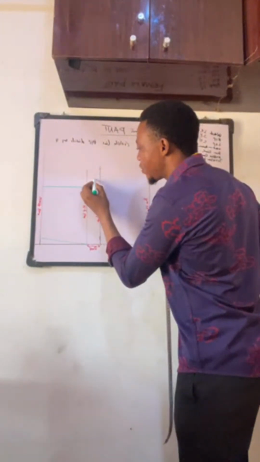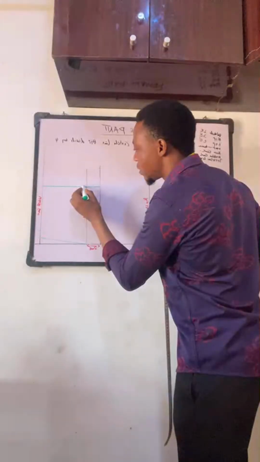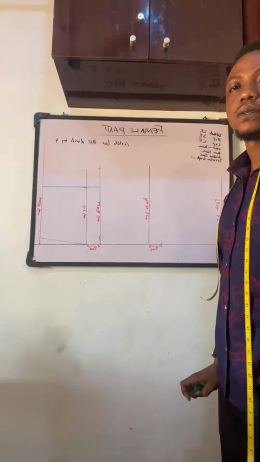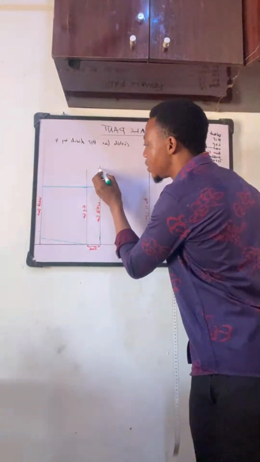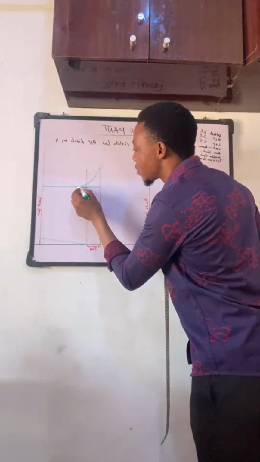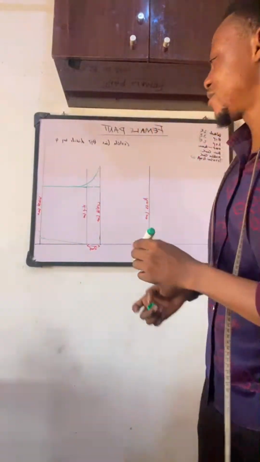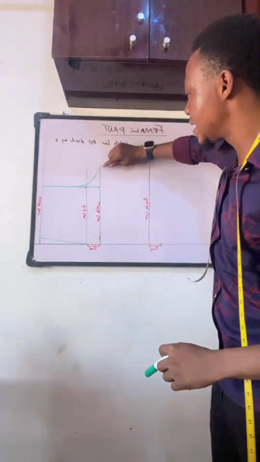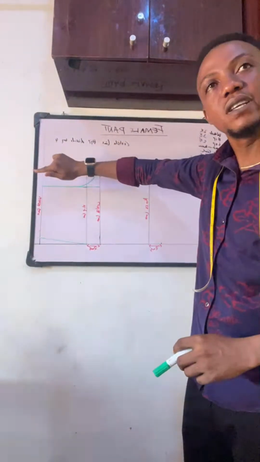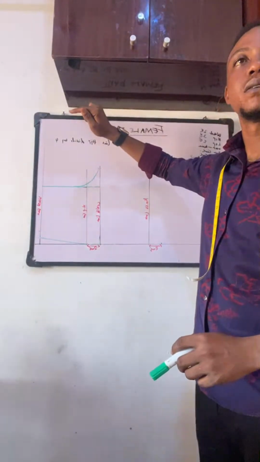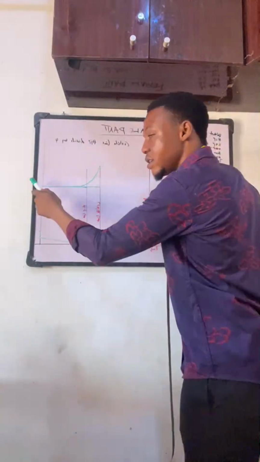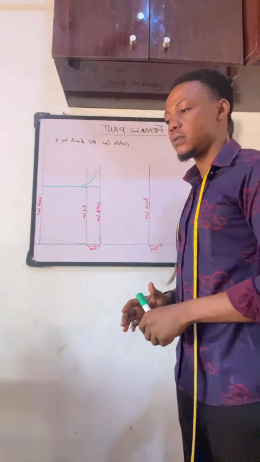It would be very nice to join this point like that, right? So we have a very nice curve, sorry, my hand is shaking. So this curve like this is called your rings. Do you understand now? This curve that starts from here like this is called your rings.